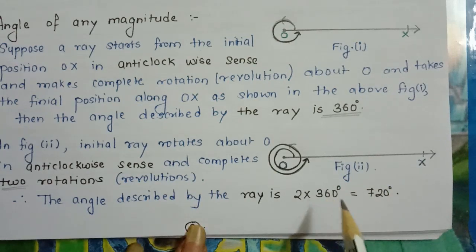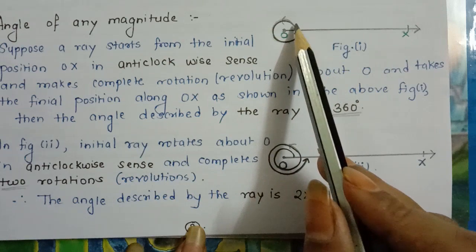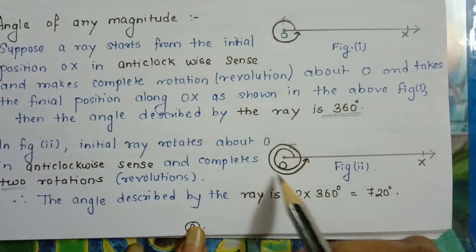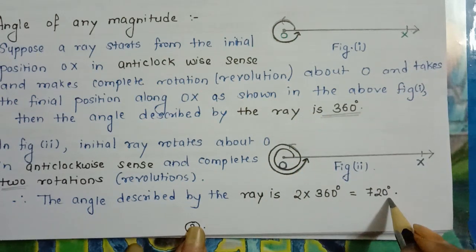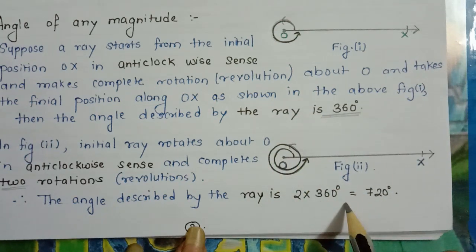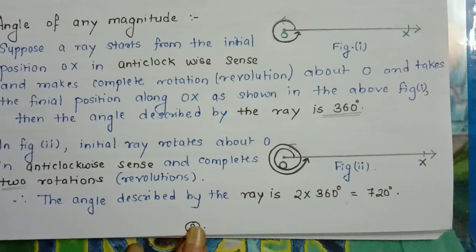So we all know if it is making 1 revolution, then it is 360, and if it is making 2 revolutions, that means 2 into 360, which is equal to 720. If it is making 5 revolutions, then it will be 5 into 360. So जितने बार वो rotate हो रहा है उतना number हमें multiply करना है with this 360.